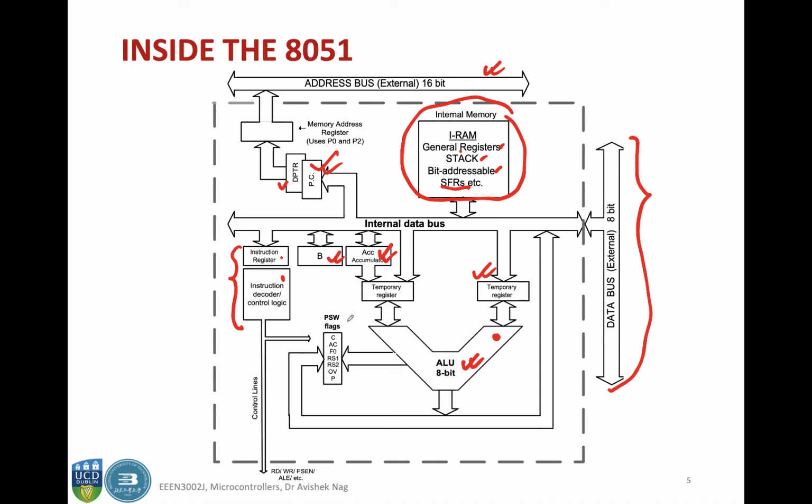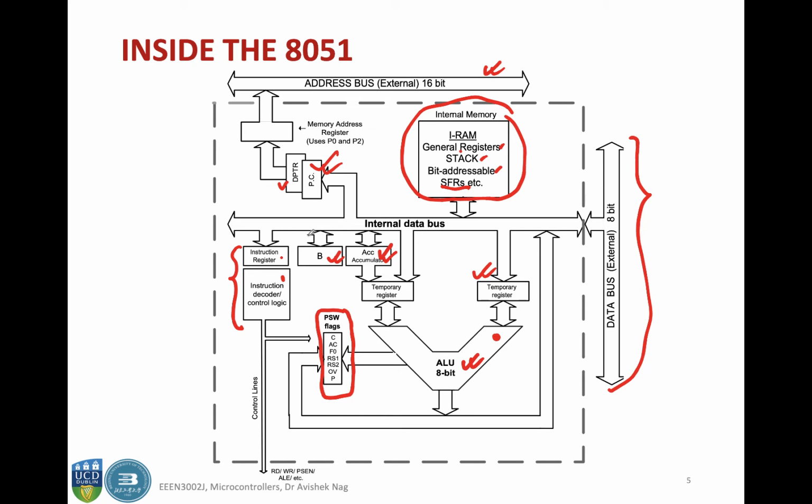You have a set of flags that is contained within the program status word register. Okay, so these are like carry, auxiliary carry, overflow, and parity, etc. We will also learn the functionalities of each of these flags later. And then you have the control lines, for sending control signals to the different units.